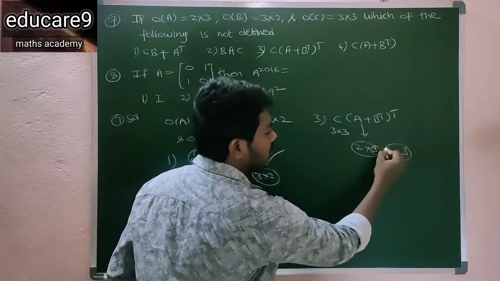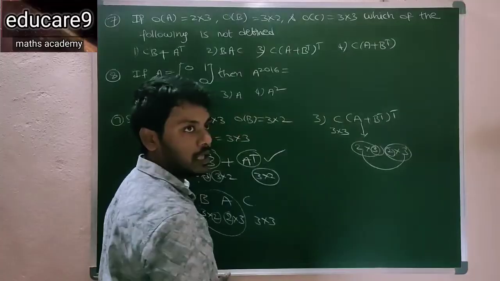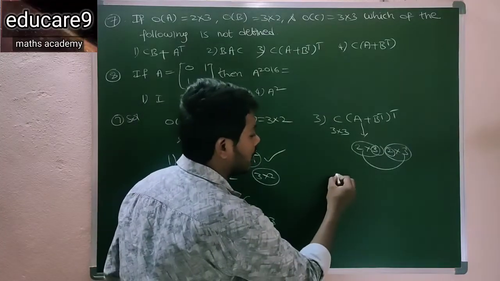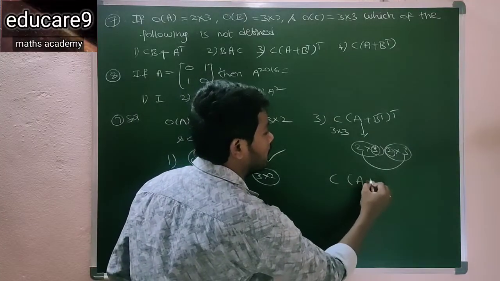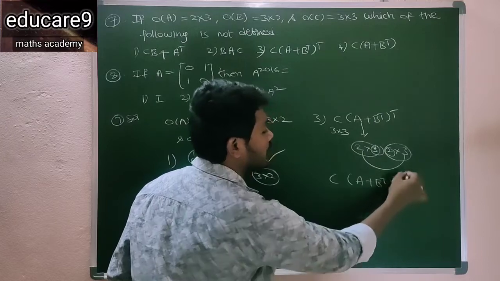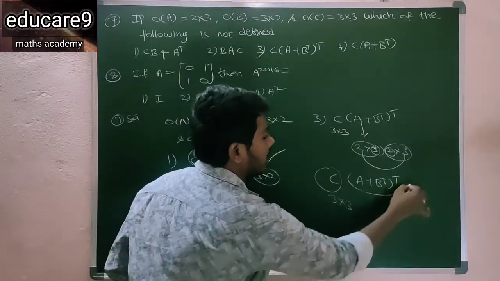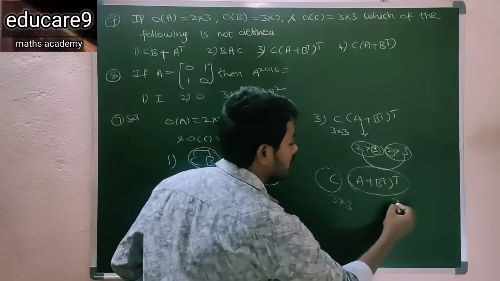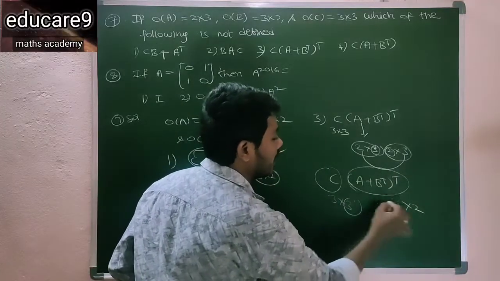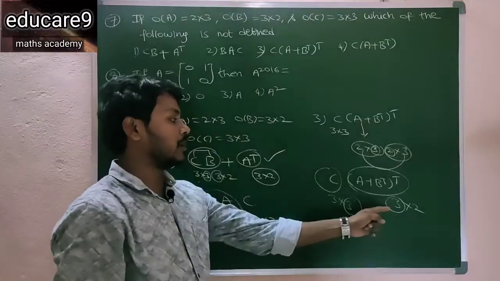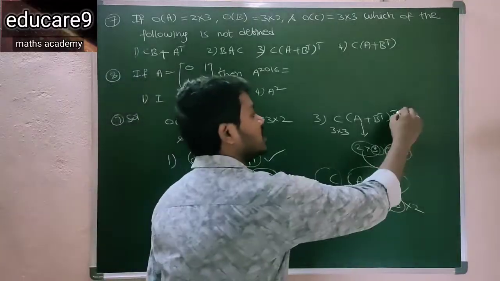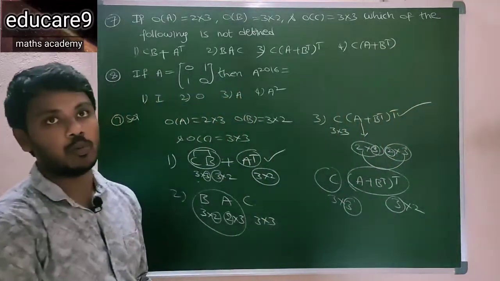And whose order is what? 2 by 3. Therefore, C into (A plus B transpose) whole transpose. So the order of C is 3 by 3 and the order of this matrix is 3 by 2. So clearly the number of columns and the number of rows are equal. So this is also possible.